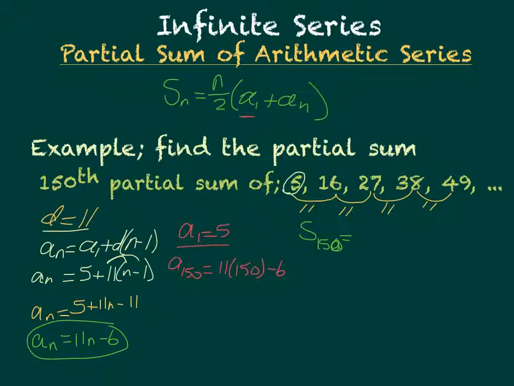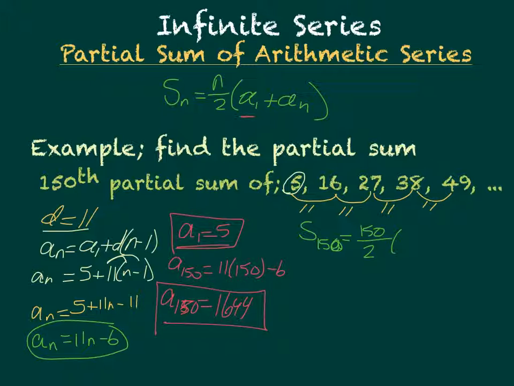Obviously, just type it into the calculator, and when you do that, you get a sub 150 equals 1,644. So now I have a sub 150 and a sub 1, so I just put that in, and I have n, which is 150, divided by 2 times 5 plus 1,644.